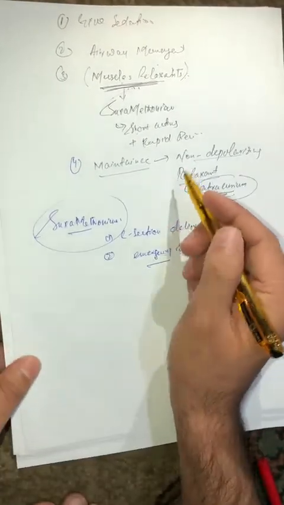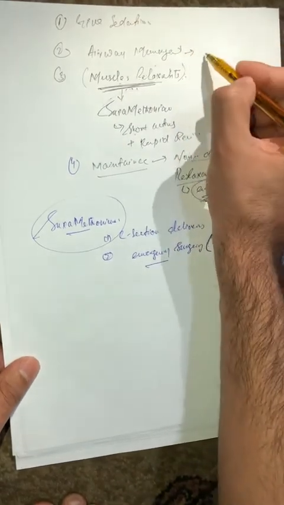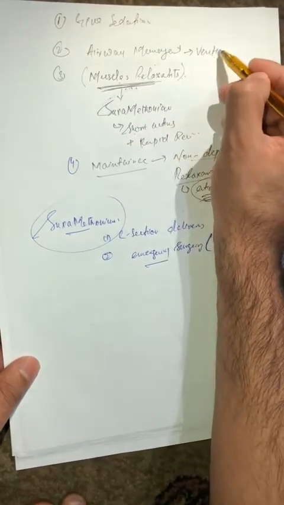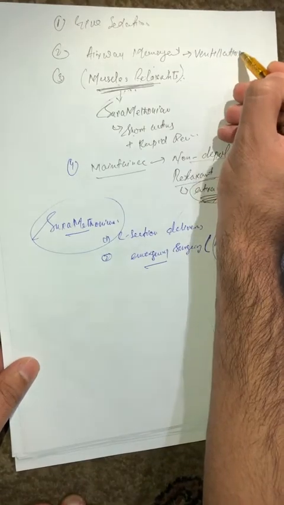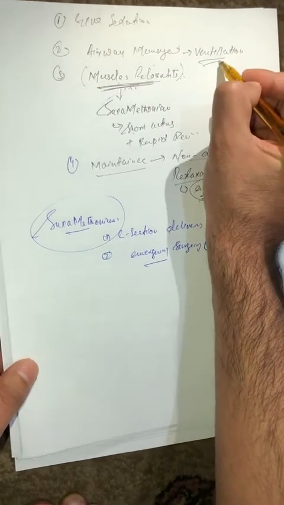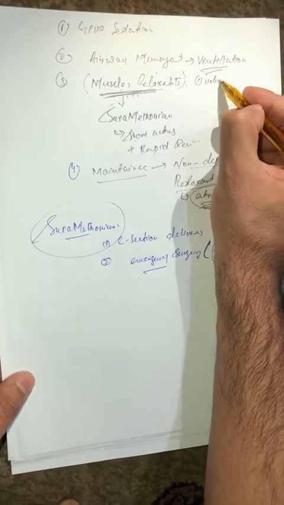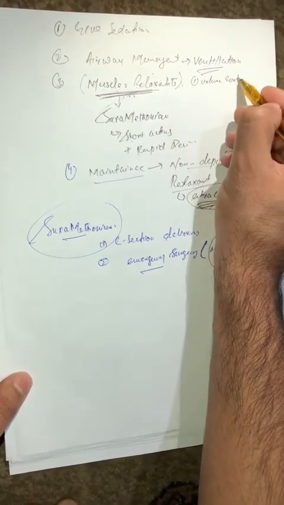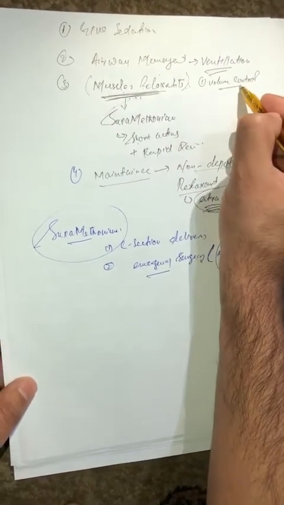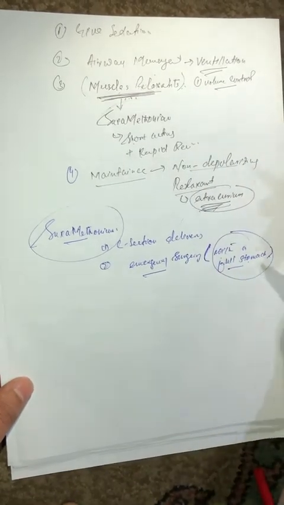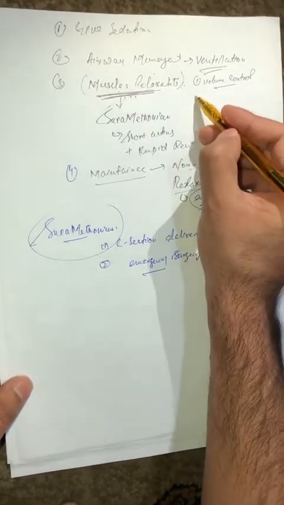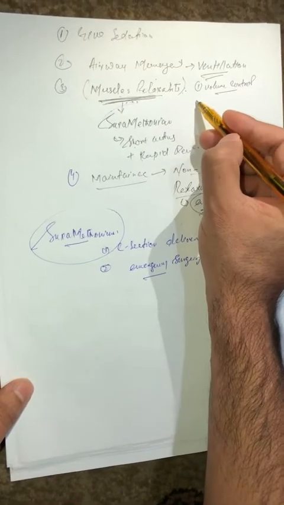As we have studied, we will manage the airway through ventilation. Ventilation has three levels. Number one, volume control, to prevent the overflow of air inside the lungs, because it will cause overinflation of the lungs.